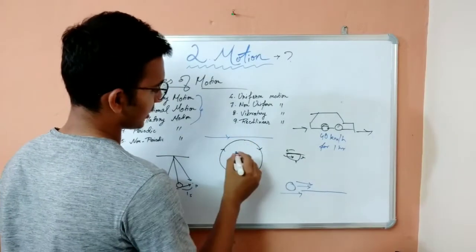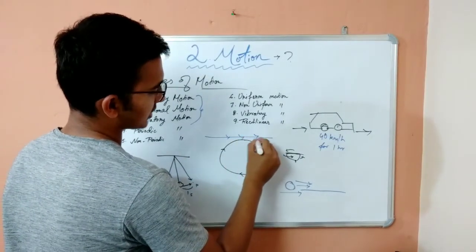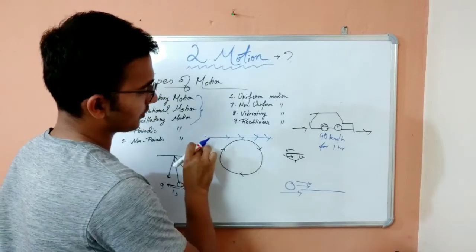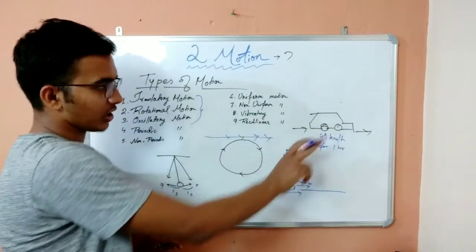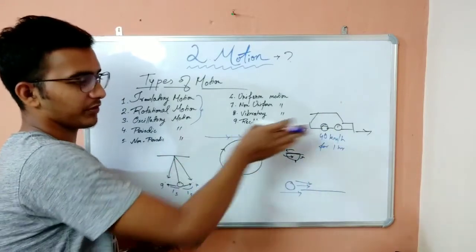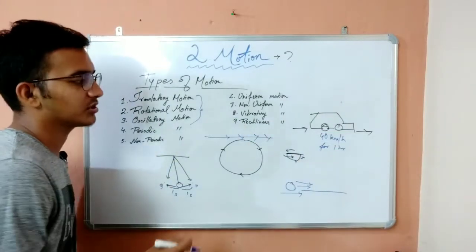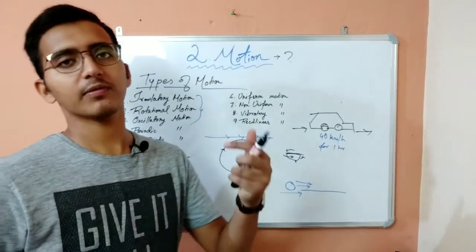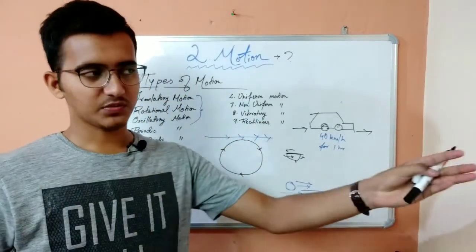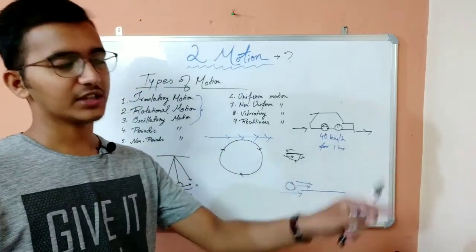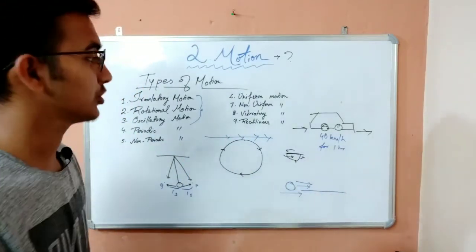Suppose an object is moving along this straight line only, from one direction to another in a straight line, not bending, not going up and down anywhere, it is moving straight. That kind of motion is called rectilinear motion. The same you will find when you are inside a car and the car is moving straight. That kind of motion is called rectilinear motion.